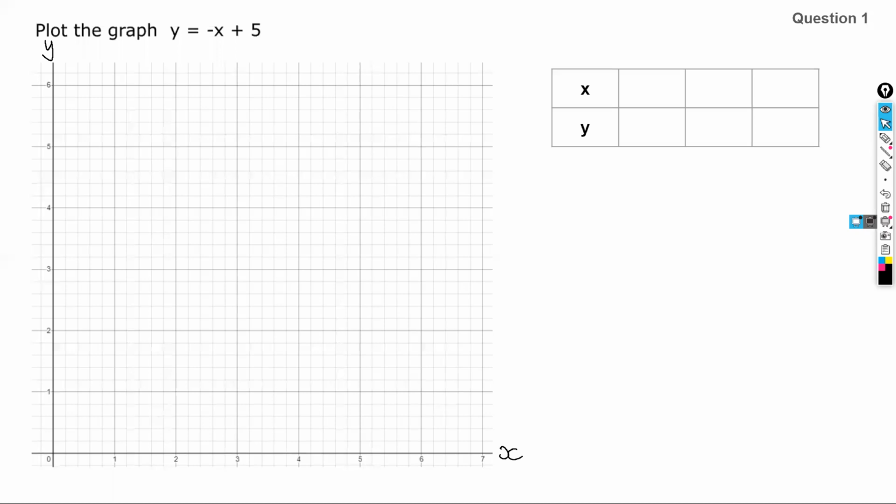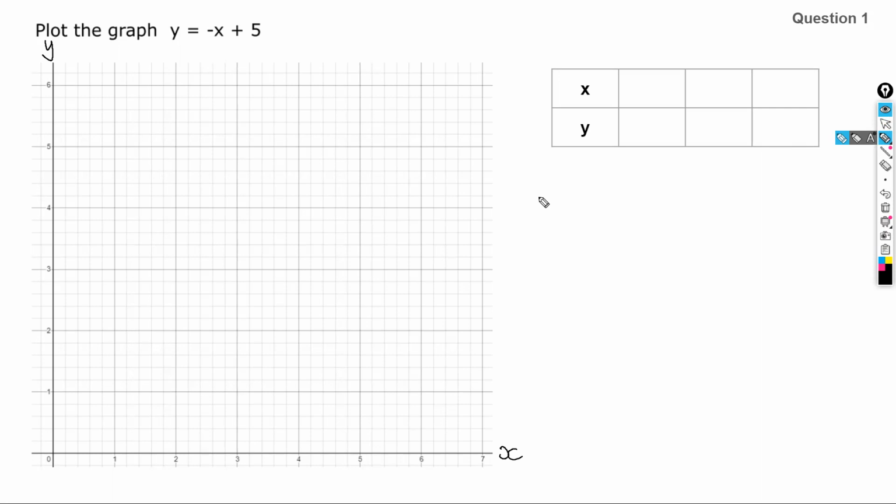First of all, whenever we're asked to draw a graph, the examiner will most likely use the word plot, P-L-O-T. To plot a graph is basically to draw a graph very, very accurately. There are two types of graphs you're going to meet in life.